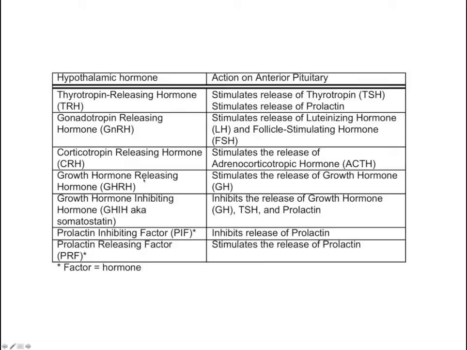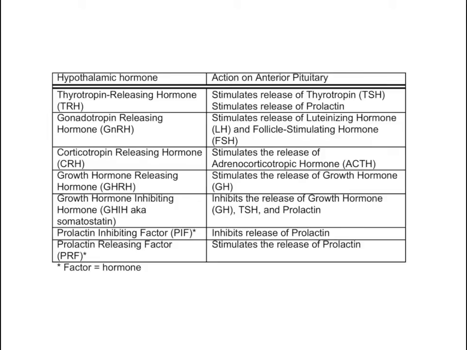Then growth hormone releasing hormone will stimulate growth hormone release, and then somatostatin, or growth hormone inhibitory hormone, functions to inhibit the release of growth hormone. And so we can see here that the hypothalamus has mechanisms to both increase and decrease the release of certain hormones.